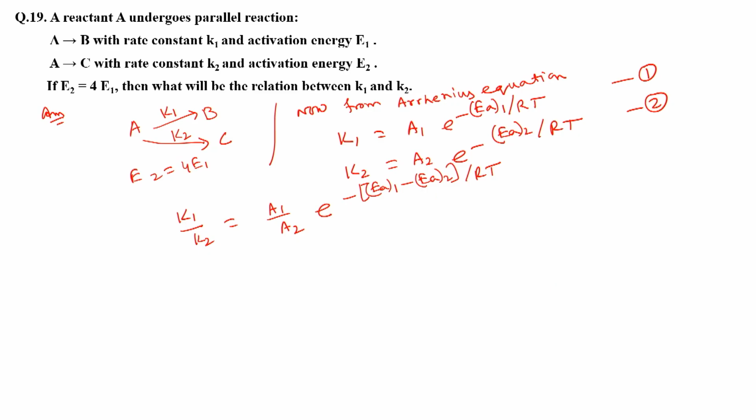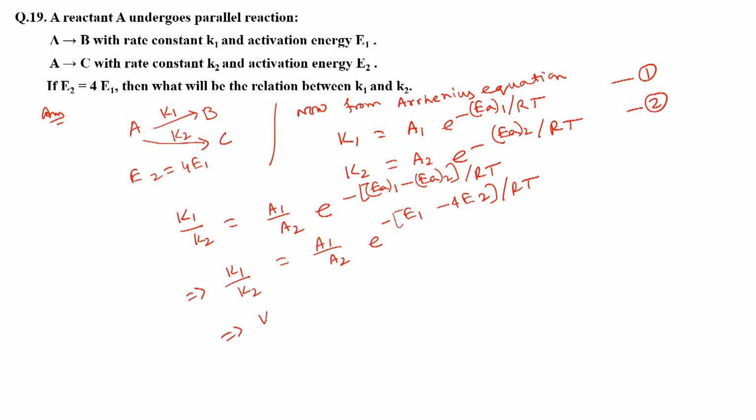If we substitute the value of Ea2 by 4 E1, we get K1 by K2 is A1 by A2 e to the minus, now Ea1 minus 4 Ea1, or we write E1 here, so minus E1 minus 4E1, since E2 is 4E1, by RT.